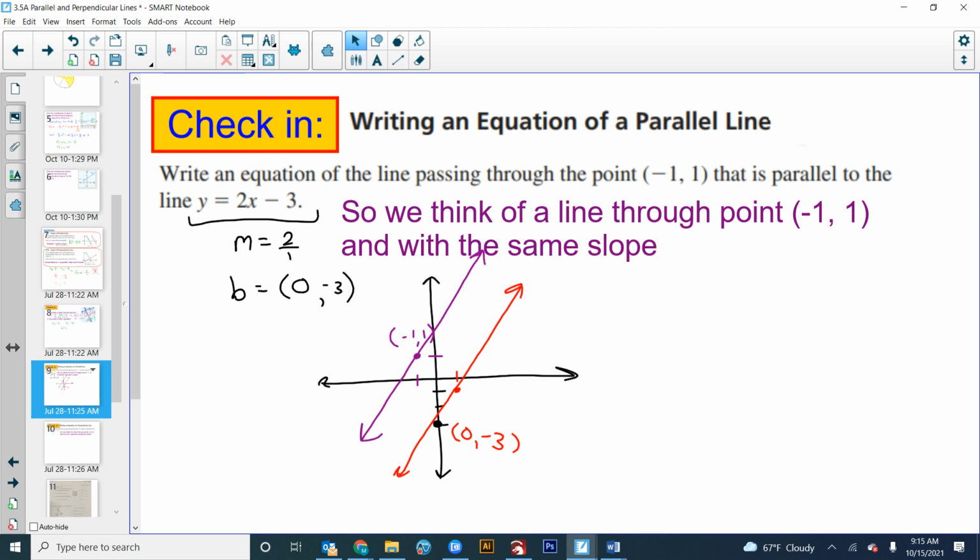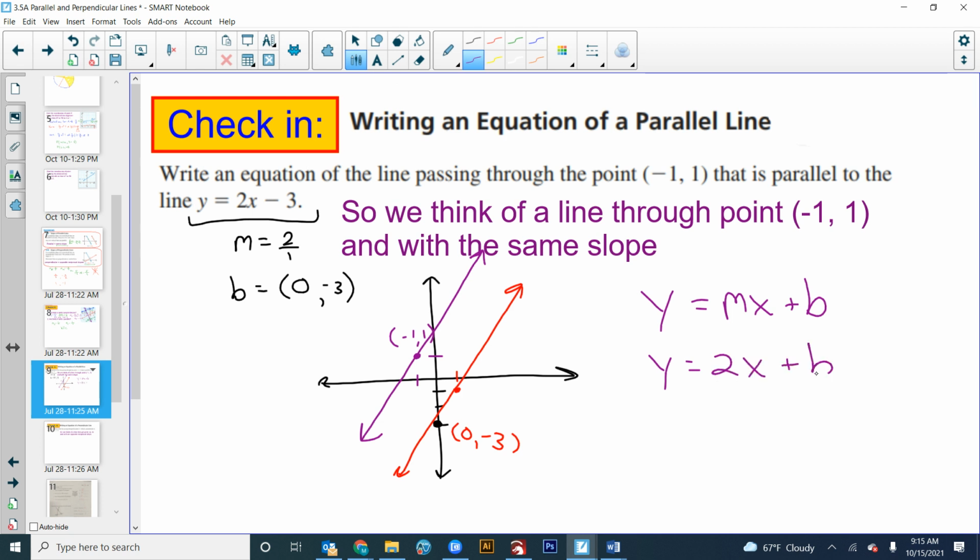So I already know some information about the purple line. y equals mx plus b. I have the m part. What's the m part? Same slope? 2. 2x plus, what do I really need to find? Where it crosses the y-axis. Any ideas how to do that?